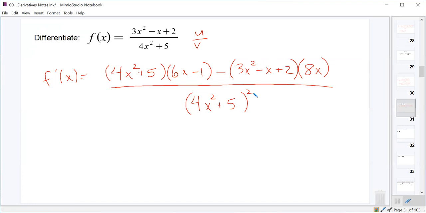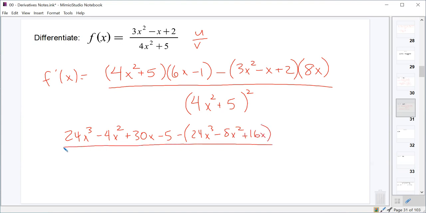I guess we might as well. We've got 24x cubed. We've got a minus 4x squared, a plus 30x, and a minus 5. And then we will subtract the quantity of 24x cubed minus 8x squared plus 16x. And of course, it's still all over 4x squared plus 5 squared.